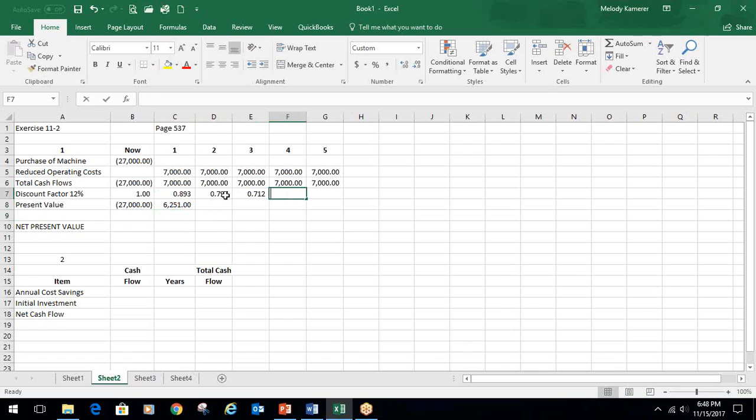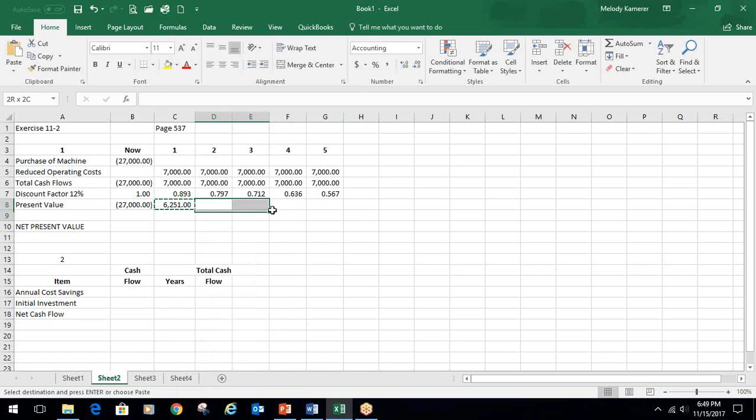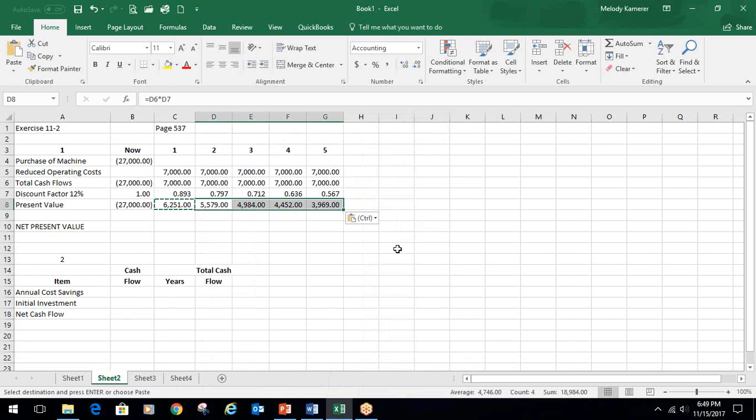The next year is 0.636 and 0.567. And then we'll just copy our formula across to get our present value for all the years. And there we have our present values.